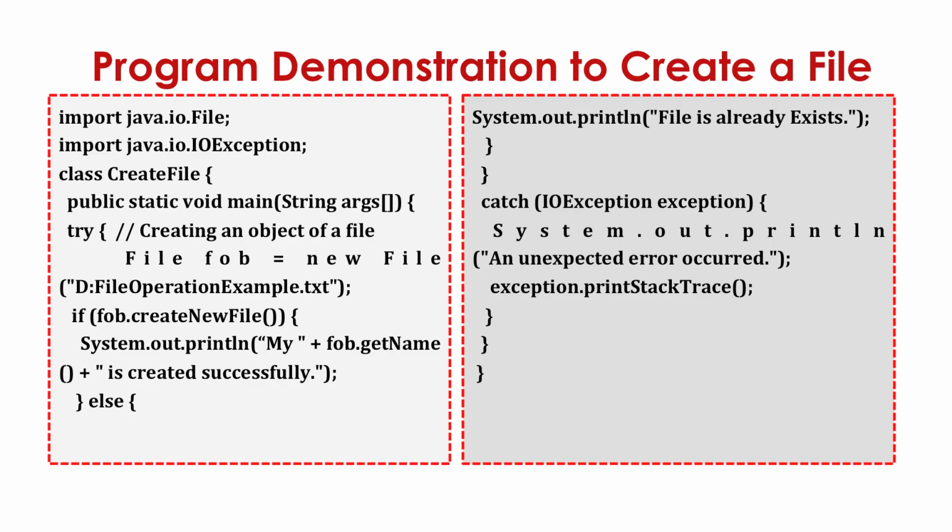Again we have imported the IOException class, which is part of the java.io package, and we have defined a user defined class named CreateFile. You can change the name of that class whenever you want, but it should be a valid identifier name. And the method public static void main is described.